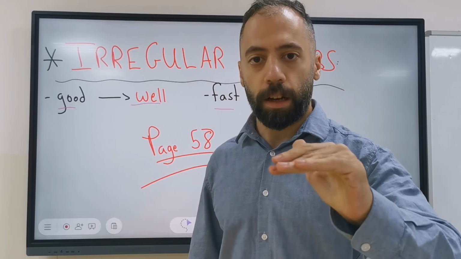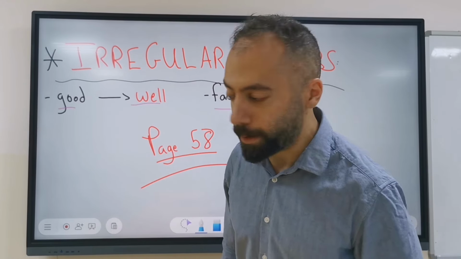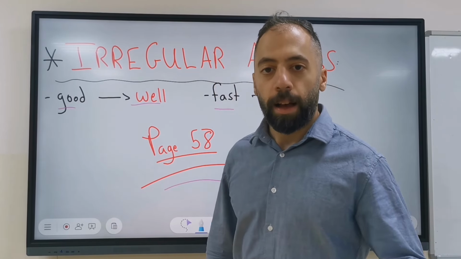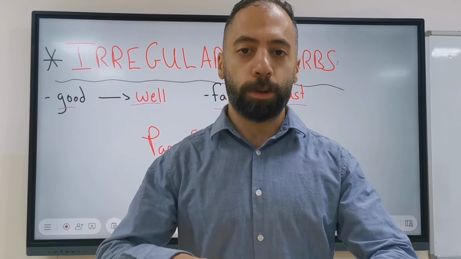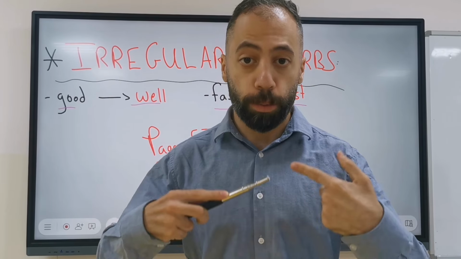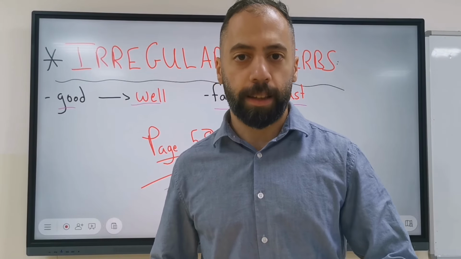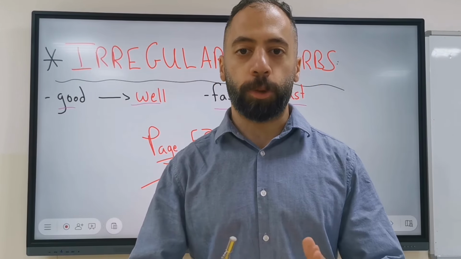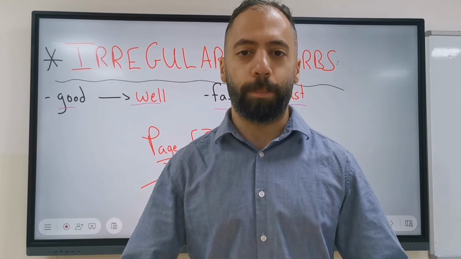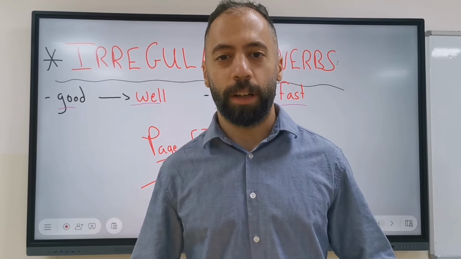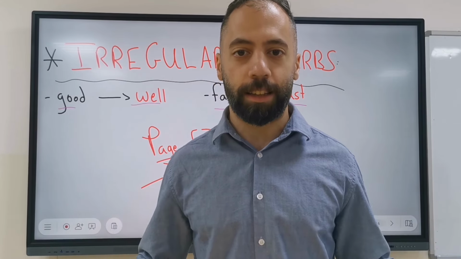Now we will find a list of irregular adverbs on page 58. Mr. Khaled and I are going to be talking about these irregular adverbs, but we are going to bring them to life, because on page 58, they're lifeless, they're boring, they're just pieces of complicated, hard to understand text.